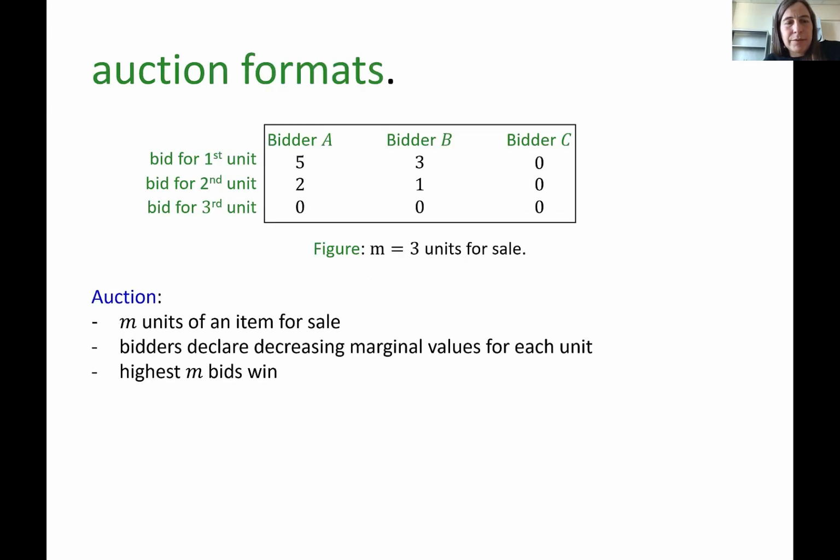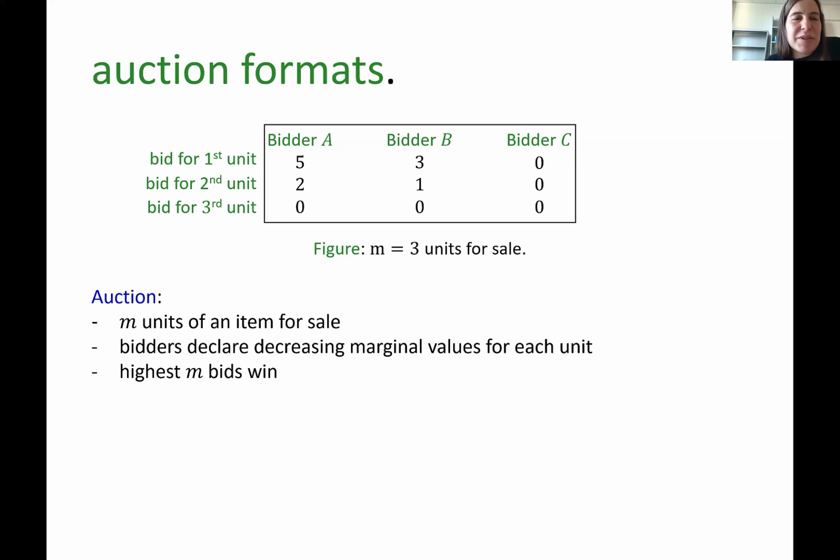Okay, the auction formats that I'll consider: I have M units for sale, and bidders, as I said, have decreasing marginal values for each unit. And there's an example in this slide.